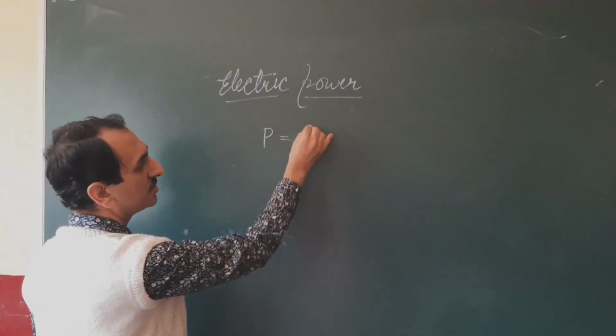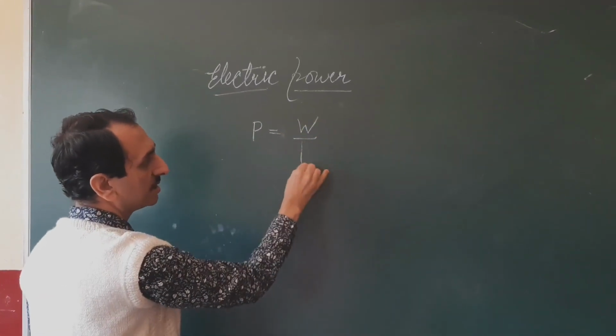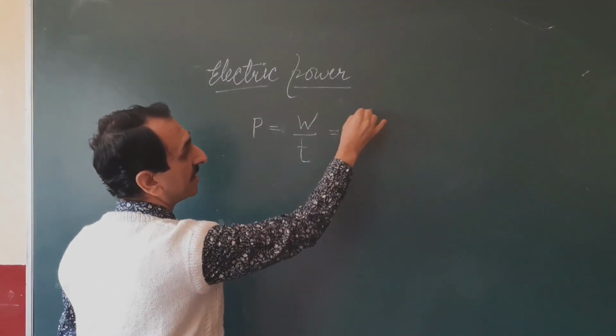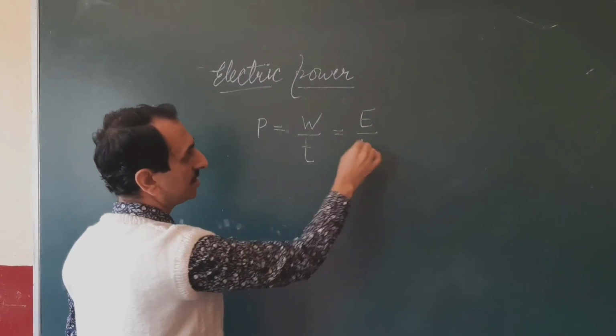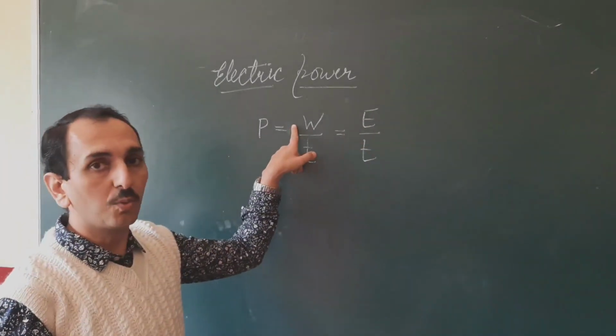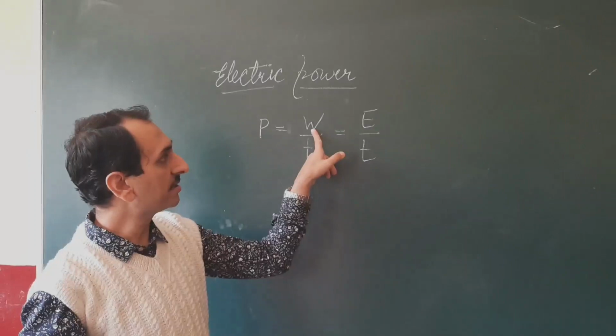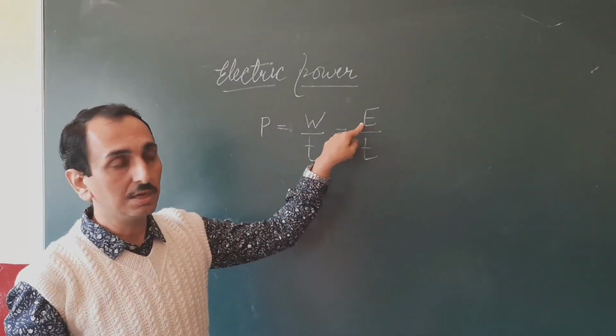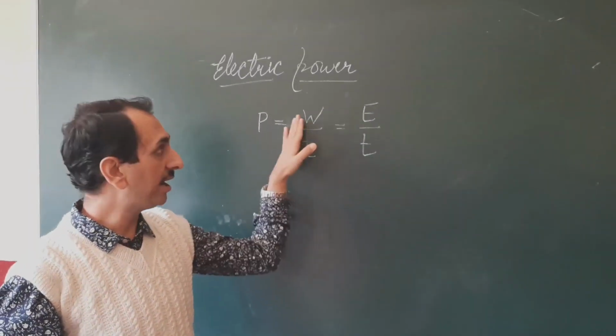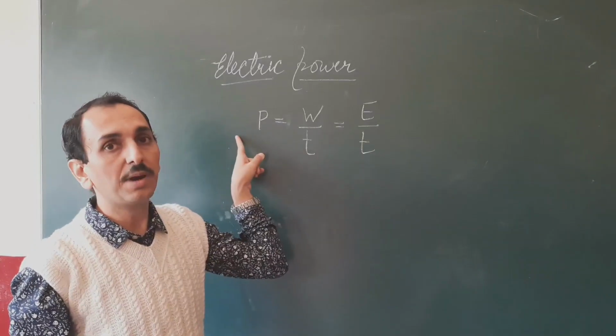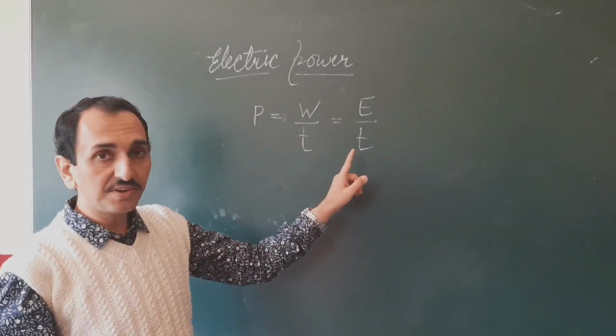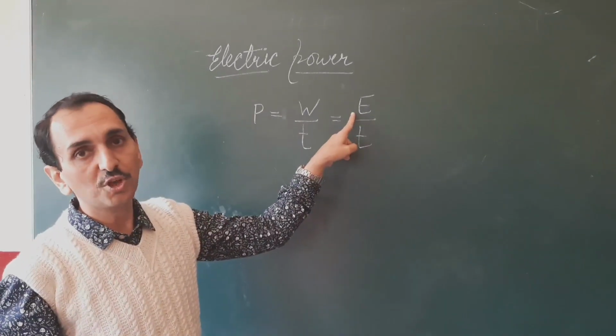Next topic is electric power. P equal to W upon T, or it can be written as E upon T. W represents work done, T time. Work done can be replaced with energy. So there are two definitions. Rate of doing work is known as power, or it can be defined as the rate of consumption of energy.